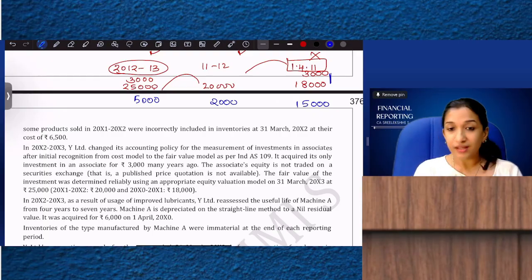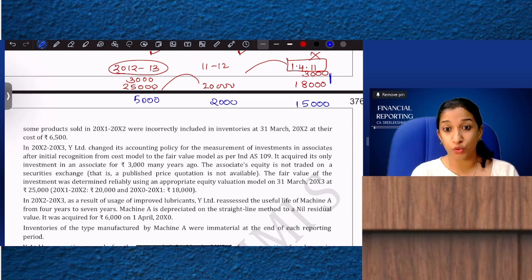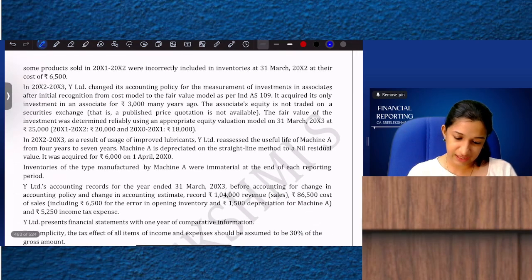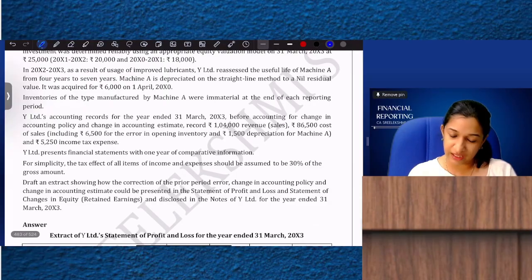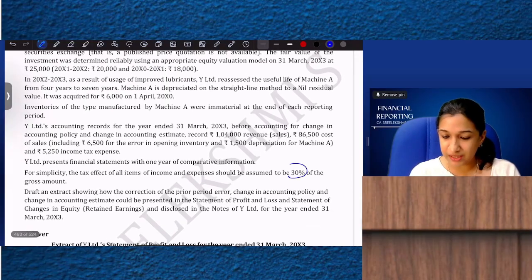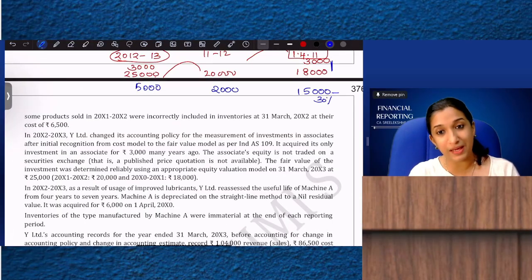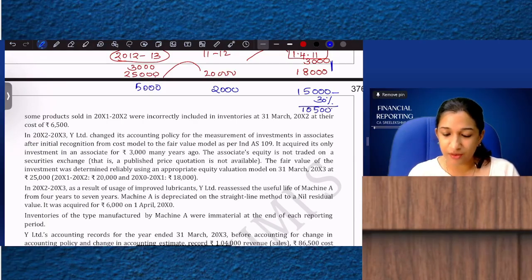If there is a gain, there will be income tax expense also. Gain reported means there will be income tax expense. If tax rate is given, tax rate 30%. Net impact is, gain means tax payments. So tax liability, so here it will be 10,500.